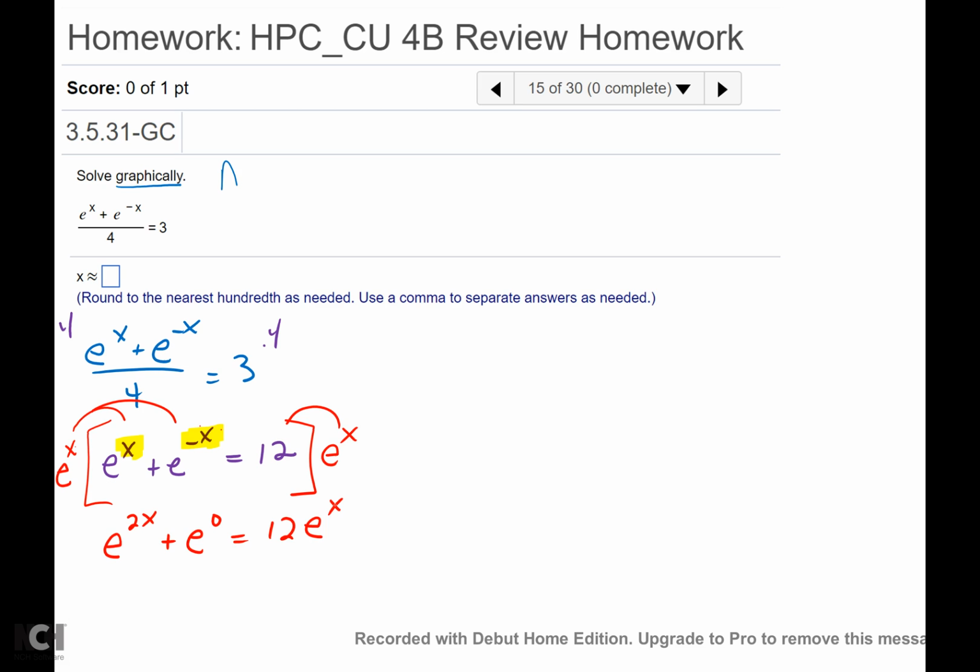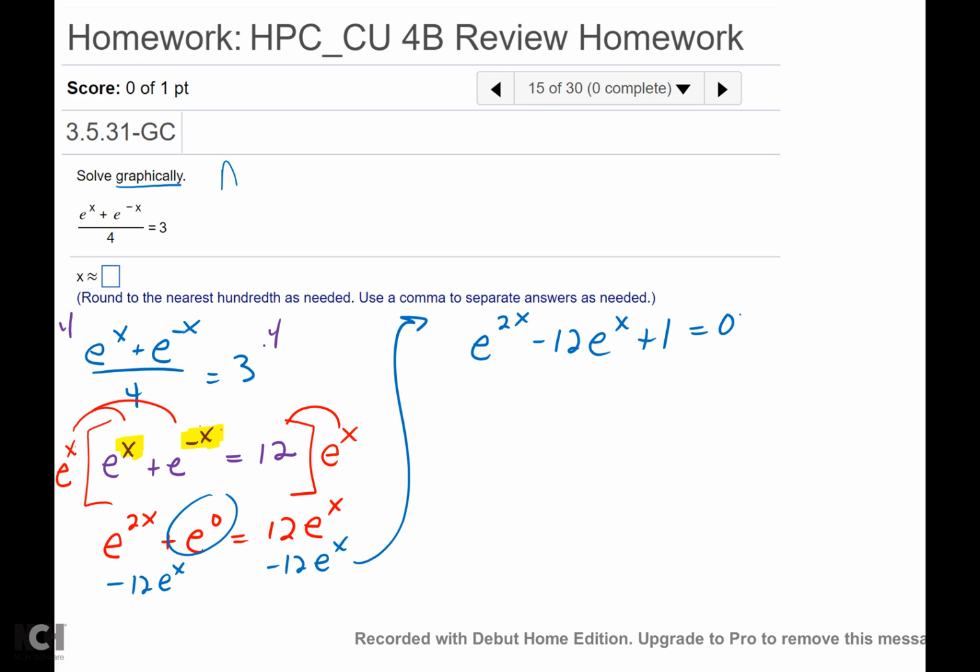Now, if I get everything on the same side, I'm going to subtract 12e to the x, and that's going to give me e to the 2x minus 12e to the x plus 1, because anything to the 0 degree is 1, equals 0. And now it's quadratic because x is half of 2x.